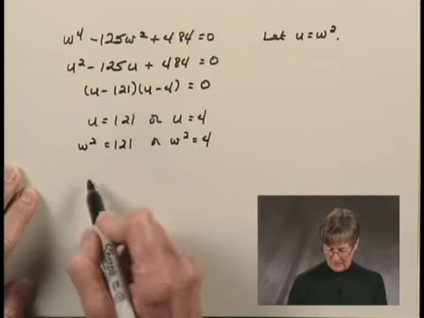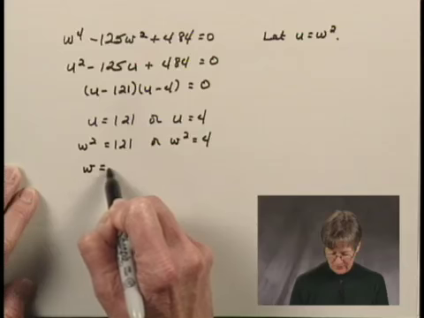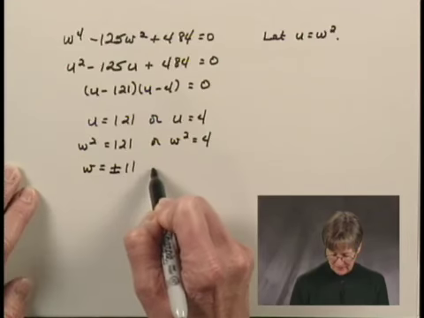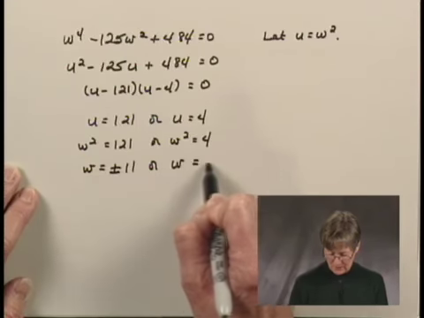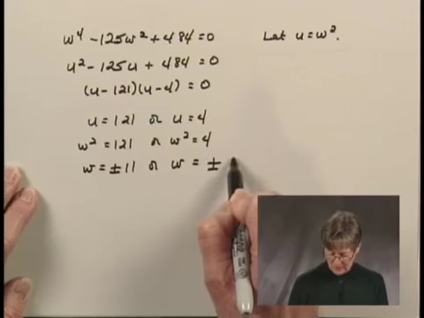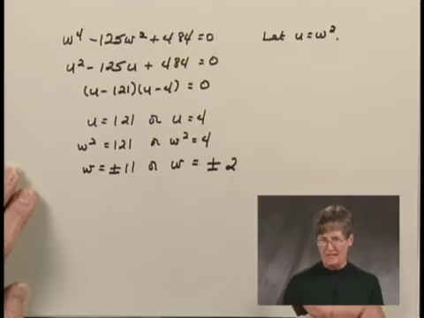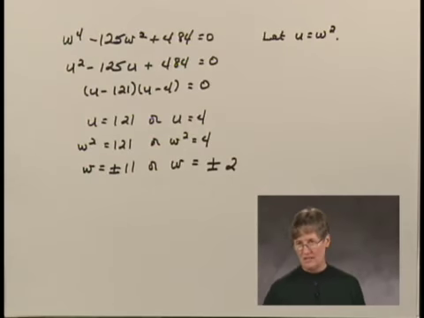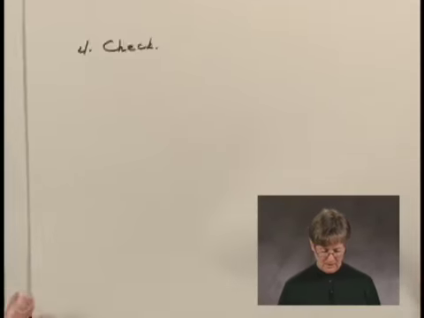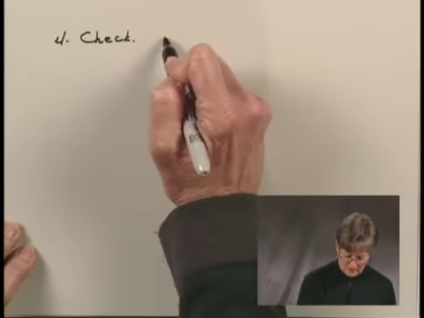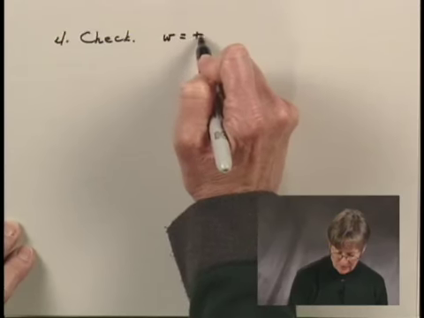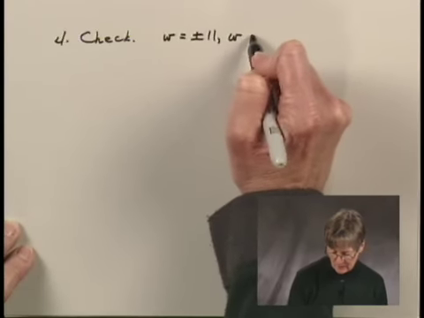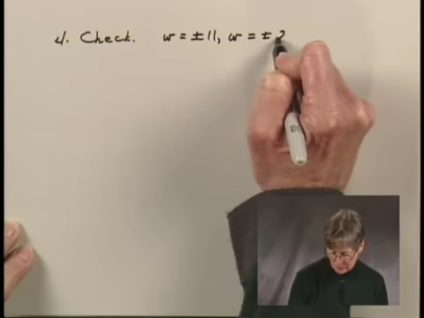When I take square roots here, I get W is equal to plus or minus 11, or W is equal to plus or minus 2. The next thing we need to do is to check these possible solutions in the original problem. We're checking W equals plus or minus 11 and W equals plus or minus 2.